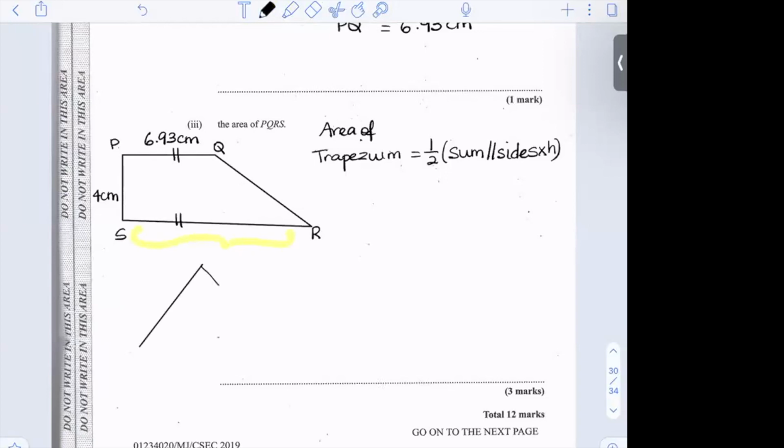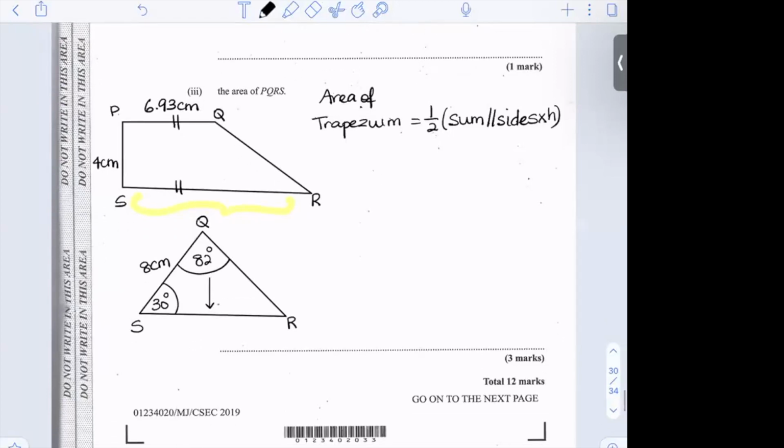So we're going to draw this triangle. I have Q, I have S, I have 30 degrees. Here I have 82 degrees. Here is R, here is 8. I want to find SR. It is not a right triangle.